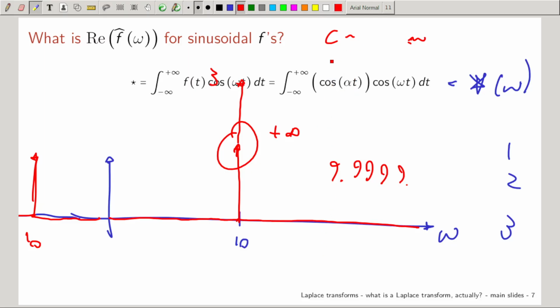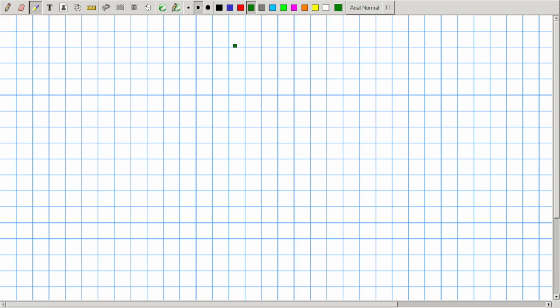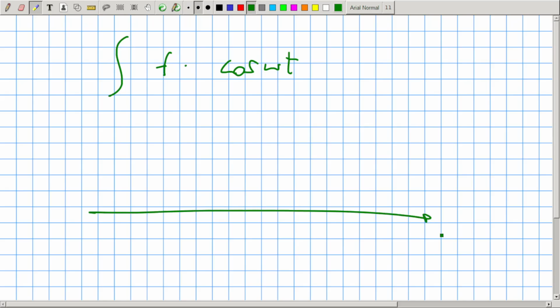Another question. Let's assume that I've got the integral of this f times cosine omega t, and I've got omega here, and I have something that looks like this. What does it mean? What does it physically mean?